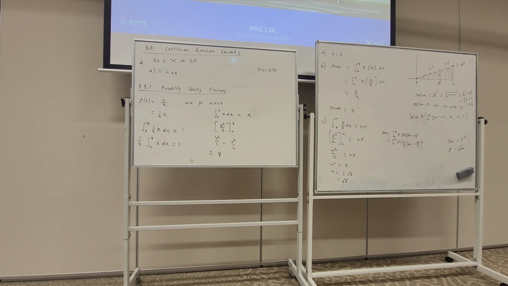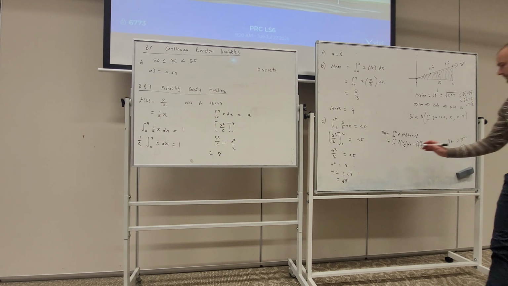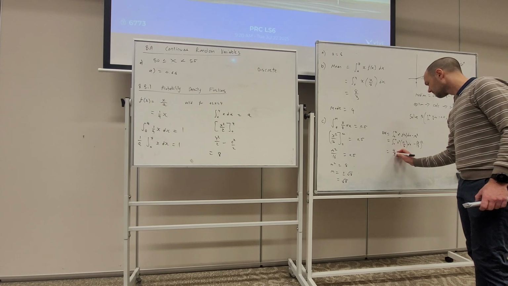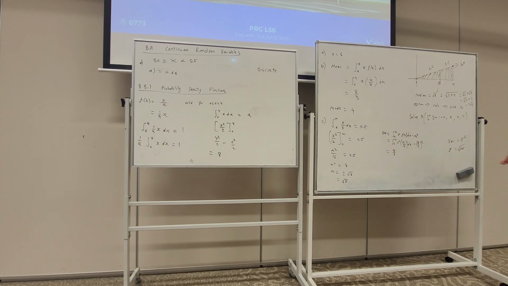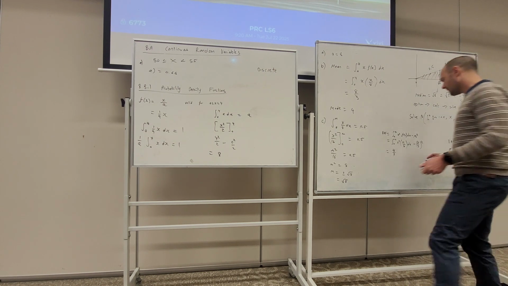We have x squared times x on 8. And simplifies to 8 on 9. And then the standard deviation is the square root of the variance.